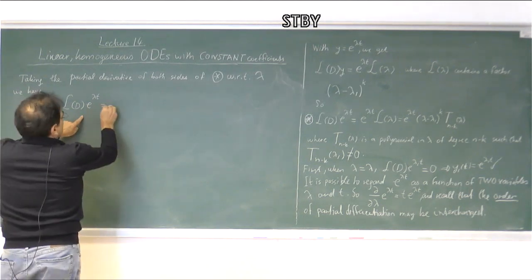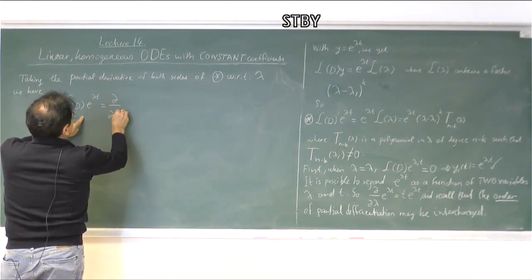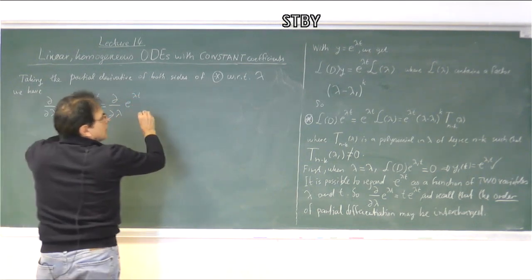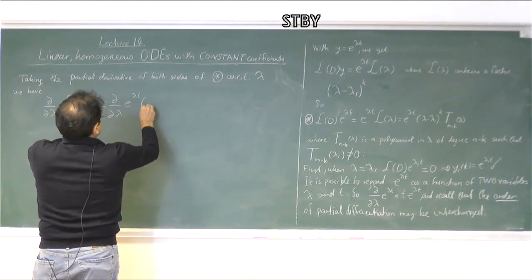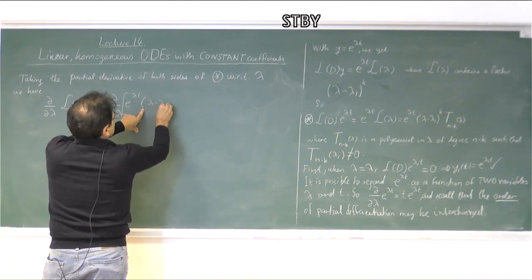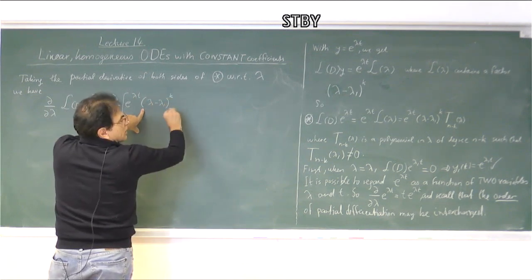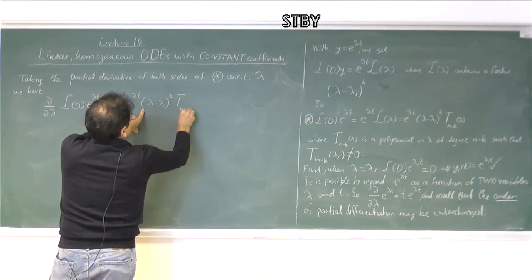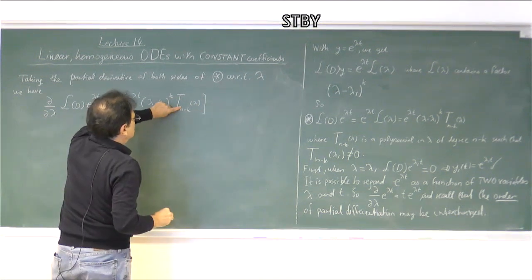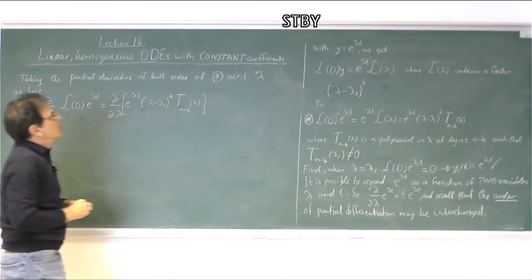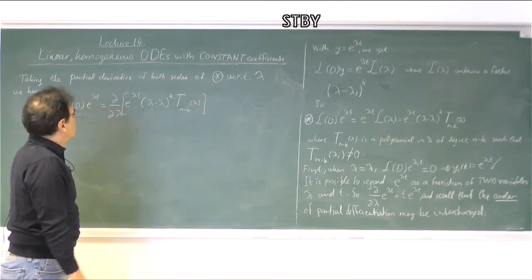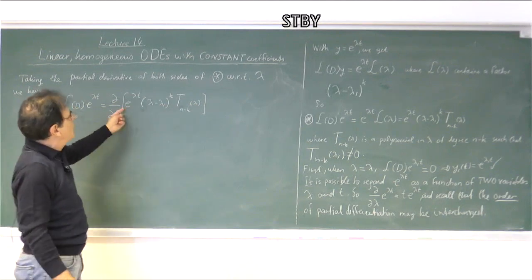Good? Del lambda e to power lambda t times, look at that, the right-hand side is lambda minus lambda 1 to power k t n minus k lambda n minus first. This is the polynomial in lambda of degree n minus k, and the product of three functions.